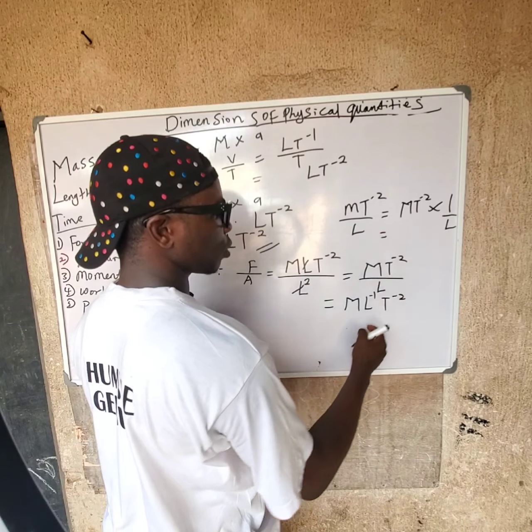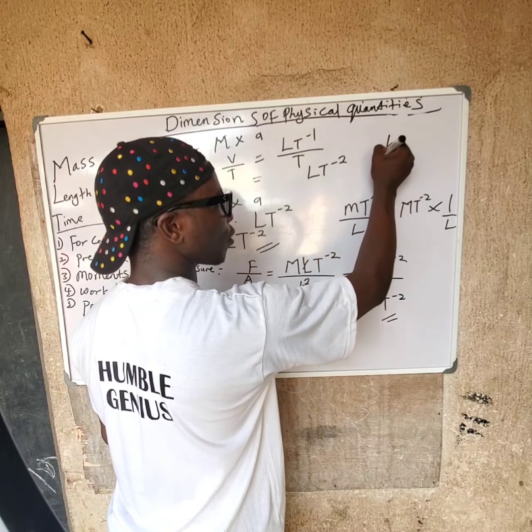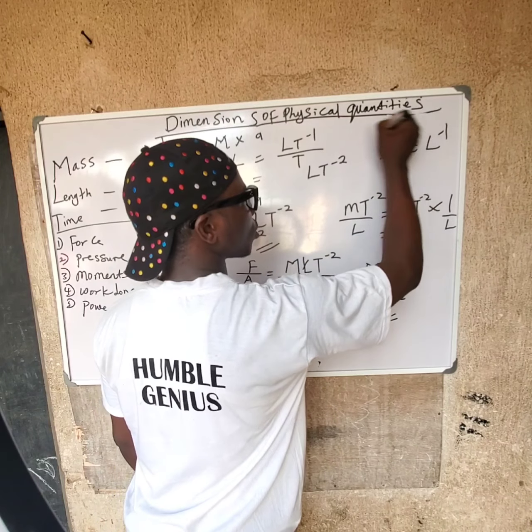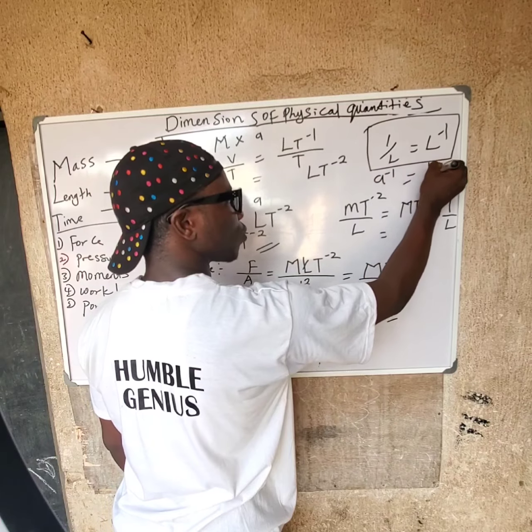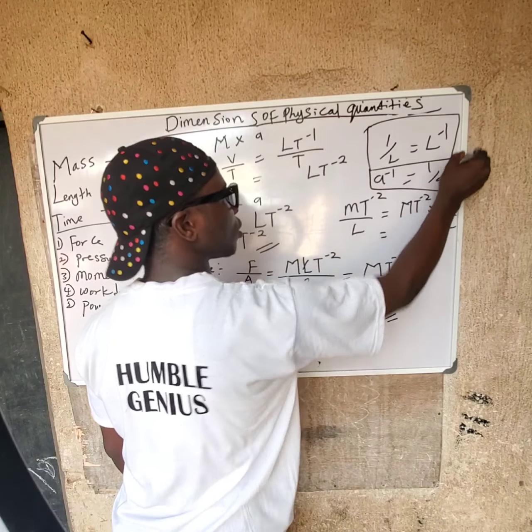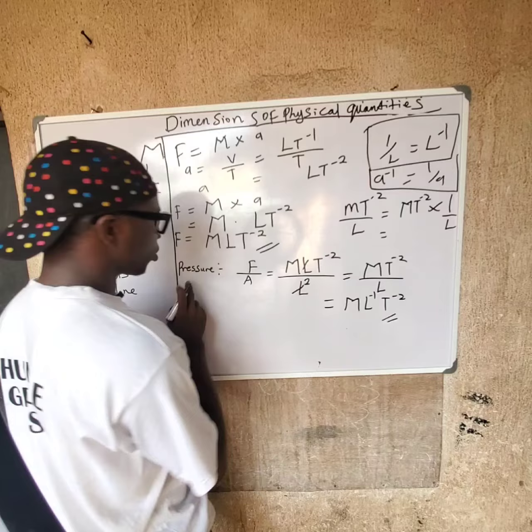So that is how we got this. Remember, 1 over L is the same thing as L raised to power minus 1. If you don't know, know now. Anything, this is the same thing as 1 over A, according to indices. So that's what we did, and we got the dimension for pressure.